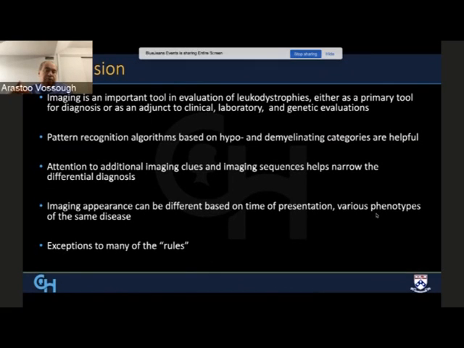And it's important to realize that the imaging appearance depends on the time of presentation of the patient, the time of imaging, and the various phenotypes of the same disease. It can be a little bit different from the classical appearance. And the more we learn about these, we find more exceptions to these rules.